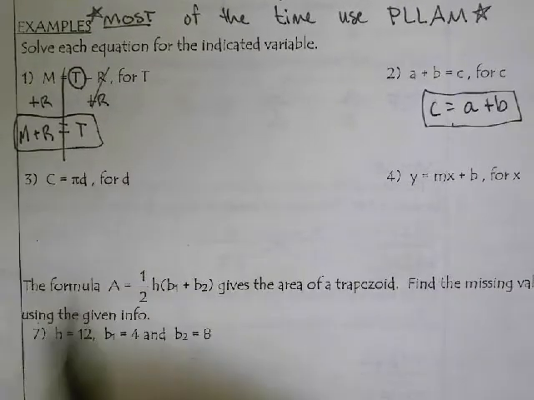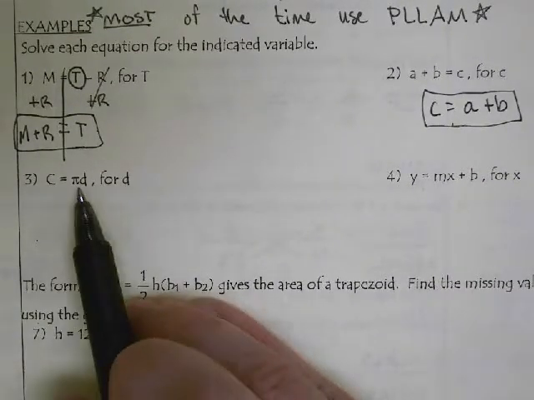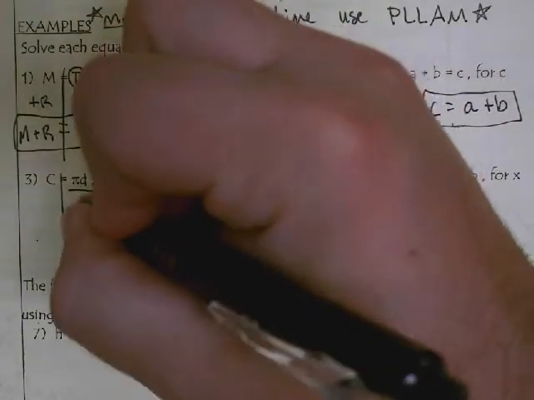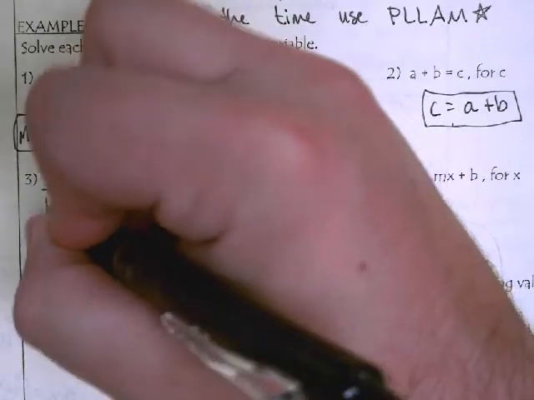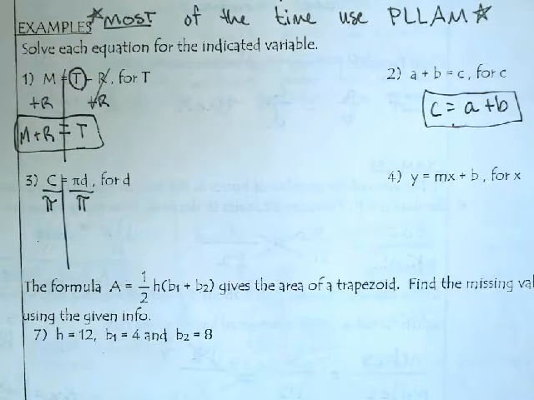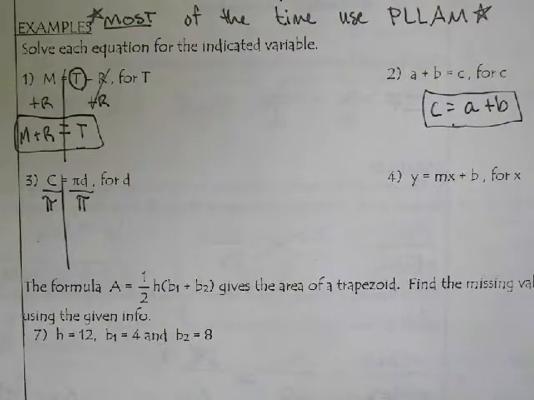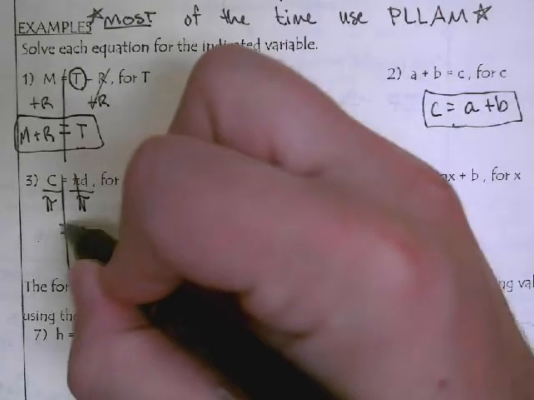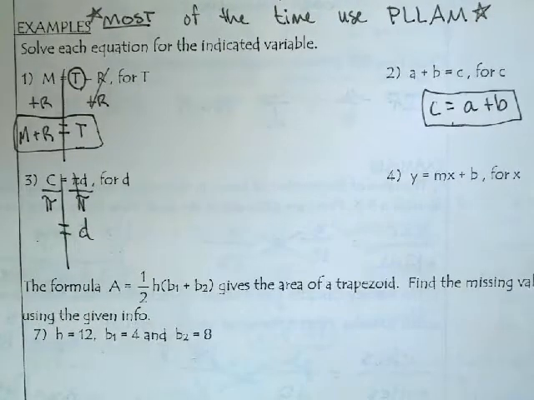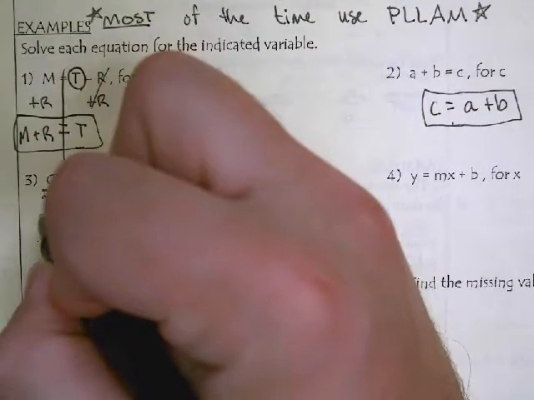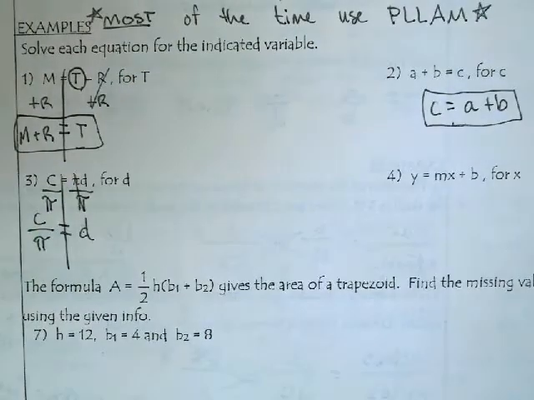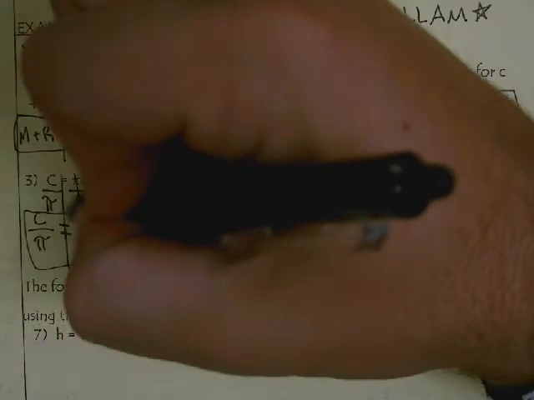The quickest way would be to divide both sides by pi. The pi's cancel and we find that d is equal to c divided by pi. Now we have solved for d.